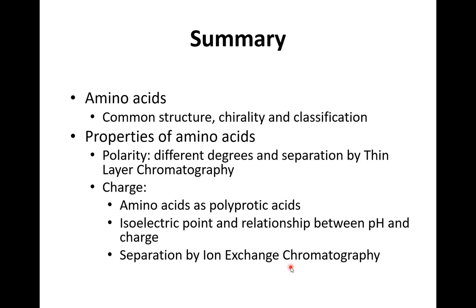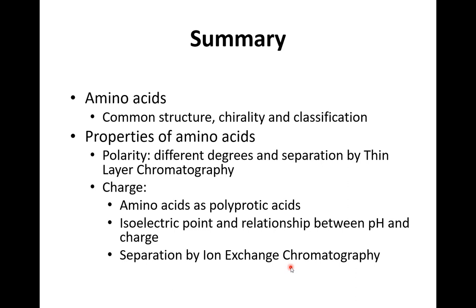And then we went through the classification of the amino acids based on the R groups: polar, non-polar, charged acidic, charged basic. Then we went into the properties of amino acids. We first talked about polarity, and we saw how all amino acids are ultimately polar, but with different degrees of polarity, and how this can be used by a technique like thin layer chromatography to actually separate amino acids.